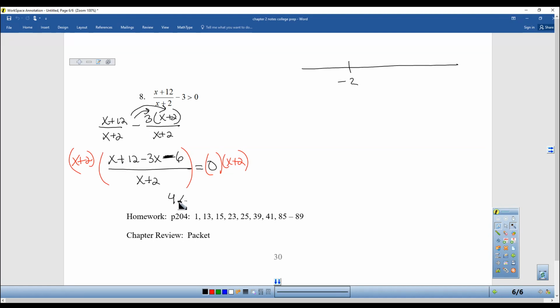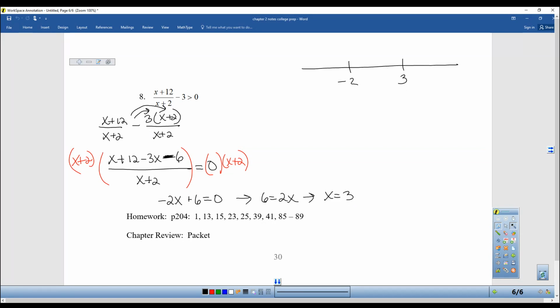So I get 4x plus 6 is equal to 0. Oops, sorry, not 4x. That was a negative 3x. Negative 2x plus 6 is equal to 0, which is 6 equals 2x. So x is equal to 3.